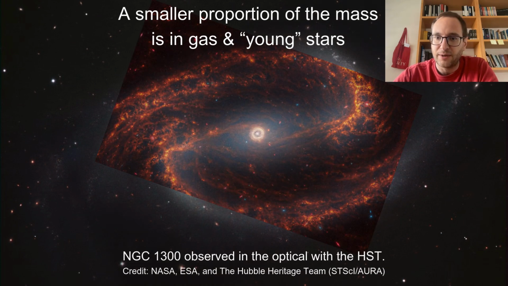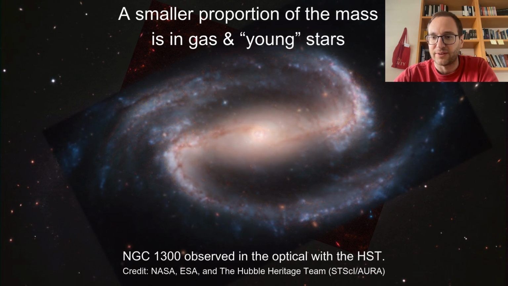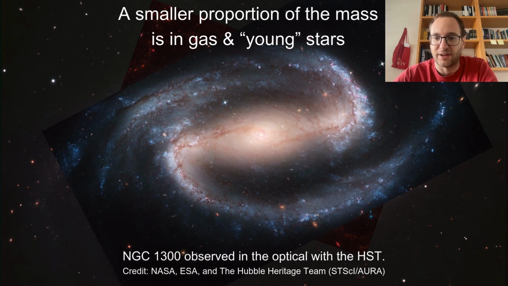If you observe instead in the optical, you can see more clearly the young stars. So here is the same galaxy with the Hubble Space Telescope, and all the blue material here are in fact young stars that are born from the gas that we have seen in the previous slide.